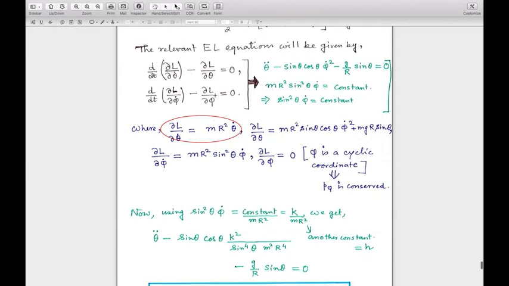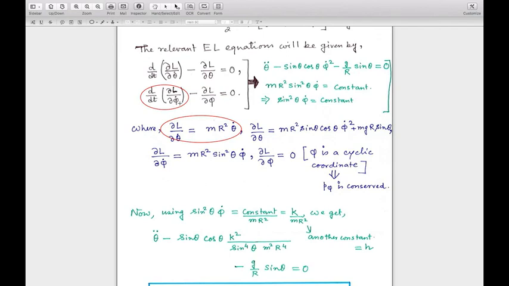Now you see that if you have this type of cyclic coordinate, then this part is 0. So you can easily say that d/dt of del L del q dot is 0. So del L del phi dot is a constant of motion. Now remember I said that the kinetic energy derivative del T del q dot is called the conjugate or generalized momentum corresponding to the generalized coordinate q.